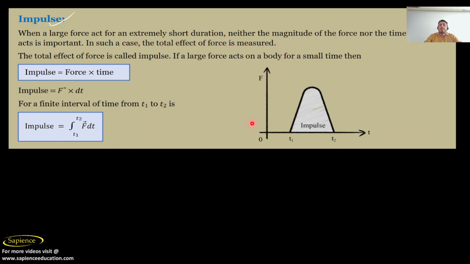When a large amount of force acts for a very small period of time, the effect produced is known as impulse. We don't care about how much force it is, we don't care about how much time it is. I will show you the case of impulse. See what happens if this very large body applies a force for 1,000 years.